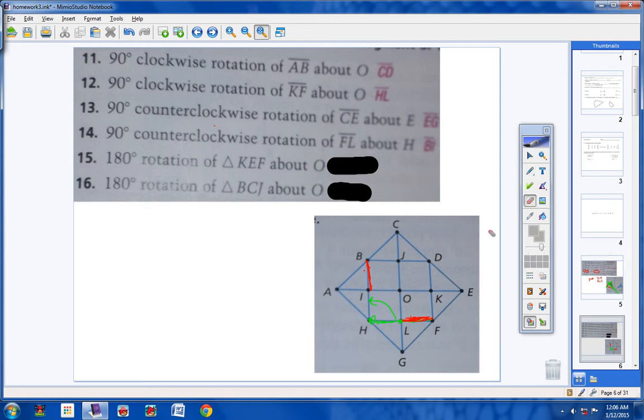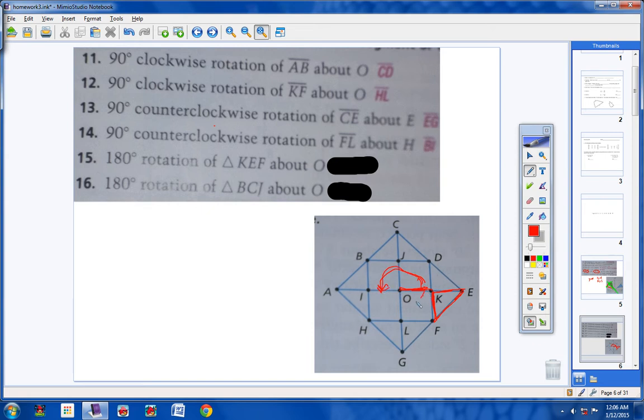Now, let's take a look at a 180 rotation of triangle KEF. Okay? Well, a 180 degree rotation means about O. So it means you're going to start here and you're going to draw and you're going to go 180 degrees. Now, is it clockwise or counterclockwise? It doesn't matter. If you go clockwise, you hit here. Or if you go counterclockwise, you hit here.